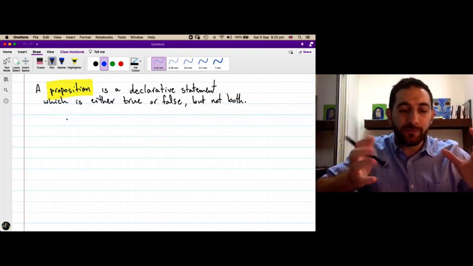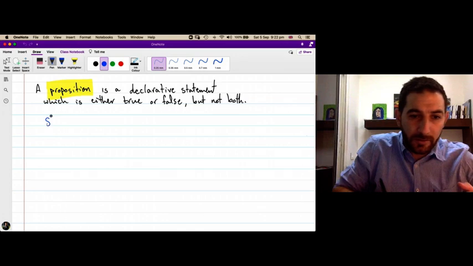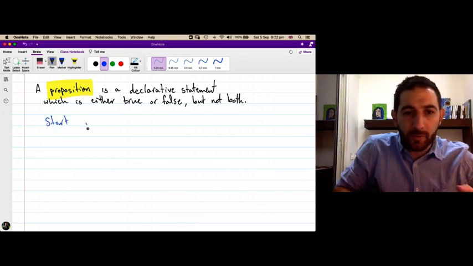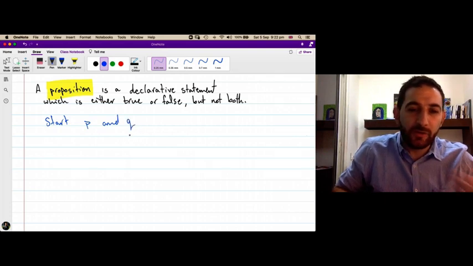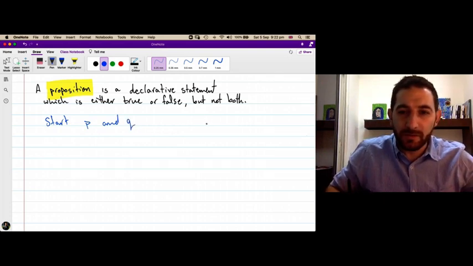And then we said if we start with two propositions, say P and Q, then we can define new propositions, and we learned three methods or four.